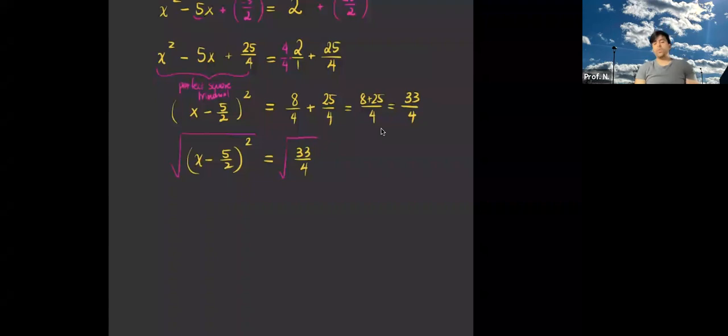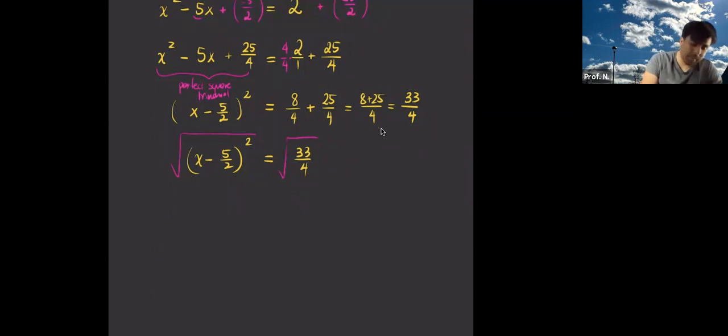I must apply the square root on both sides of the equation because I want to get rid of that square term on the left side. And so when I do that, I get x minus 5 halves equals plus or minus the square root of 33 over 4.